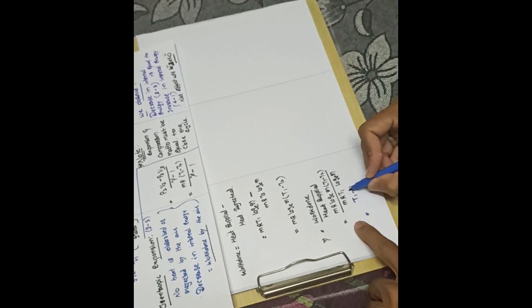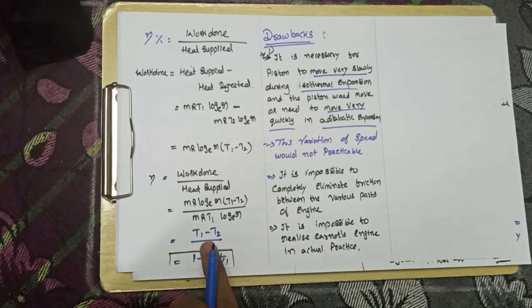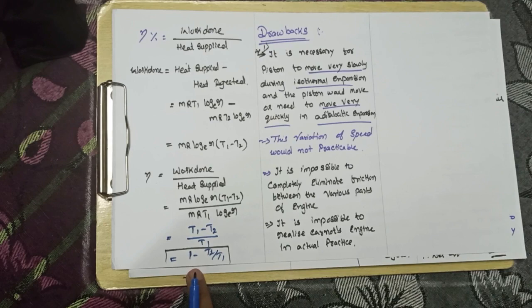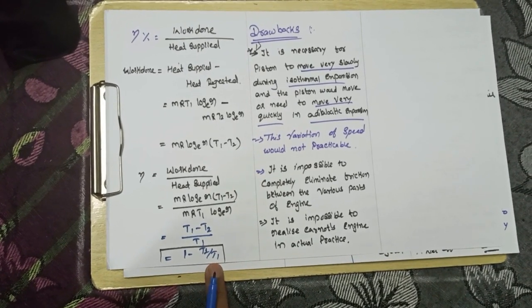Now finally what we get, if we consider all the terms, is (T1 minus T2) divided by T1, that is, if we take T1 common, 1 minus T2 by T1. This is the final efficiency of an engine, 1 minus T2 by T1, the Carnot efficiency.